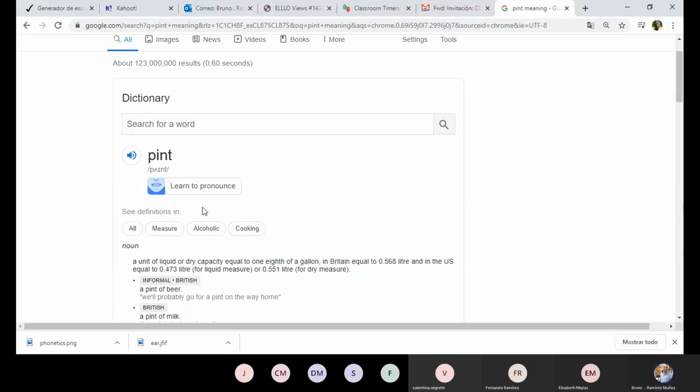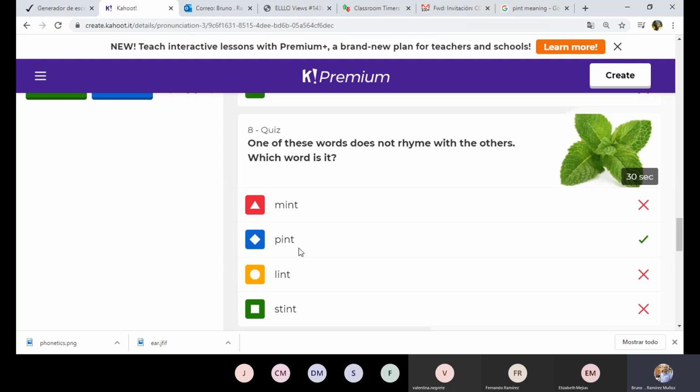We use litros, un litro, dos litros. Here is a pint in English-speaking countries, specifically in Britain. In Britain it's equal to about half a liter. So that would be the pronunciation pint for this one.